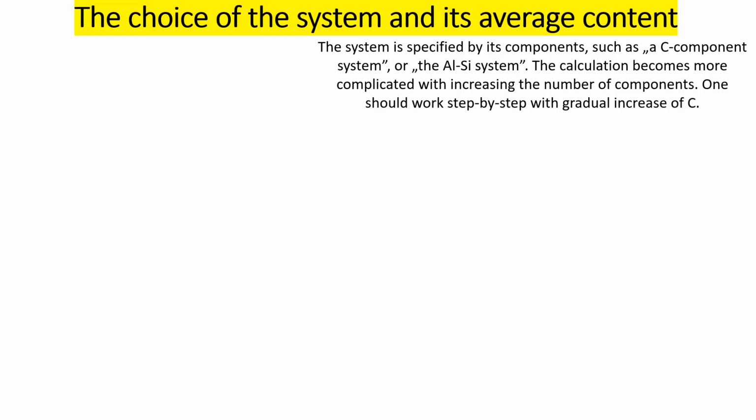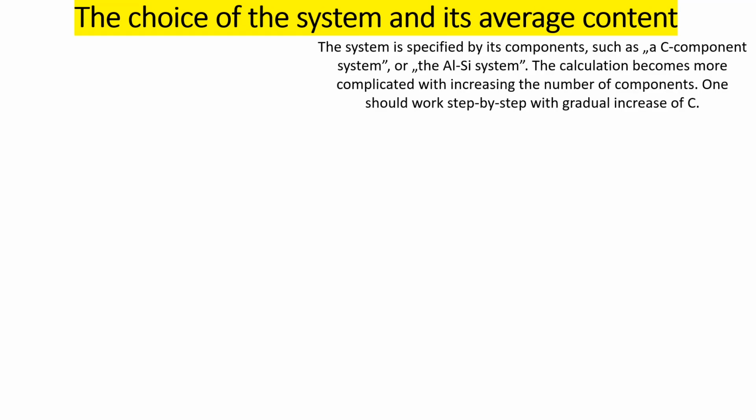I can call it a one-component system, or a two-component system, or a three-component system, etc. But be careful, the more components you take into account when you define your system, the more complicated and time-consuming your calculation will be. So your choice of a system should be an optimum choice. You should not select too few components, because then you might lose the point in the calculation. On the other hand, you should not select too many components, because then it will become unreasonably difficult.